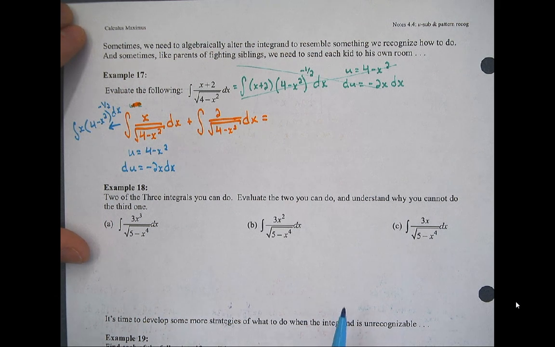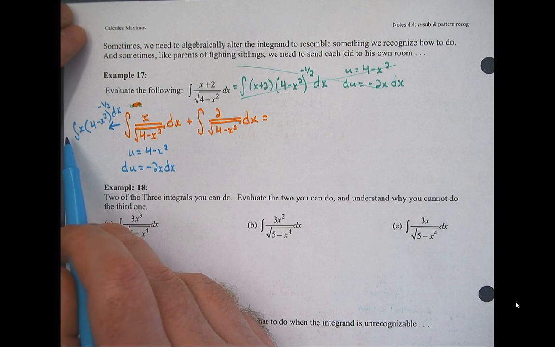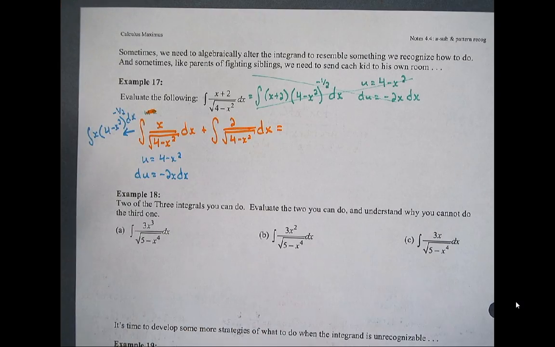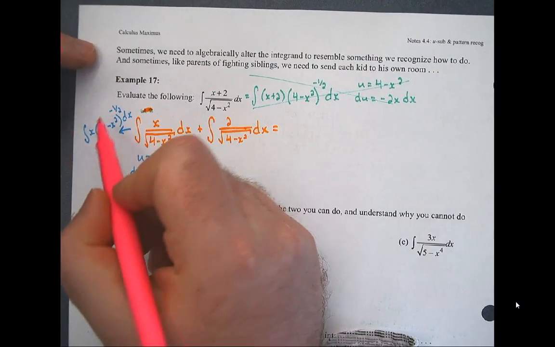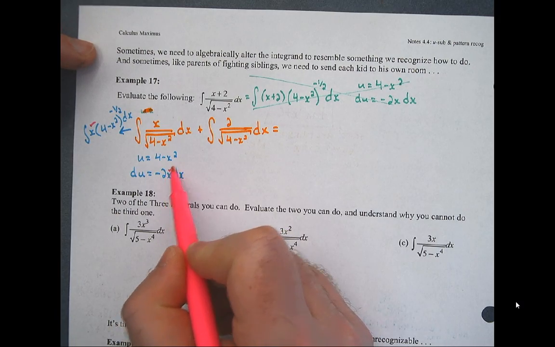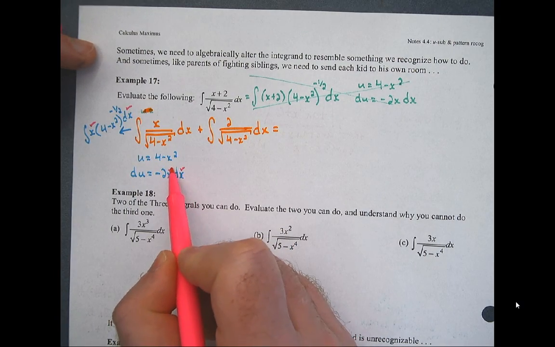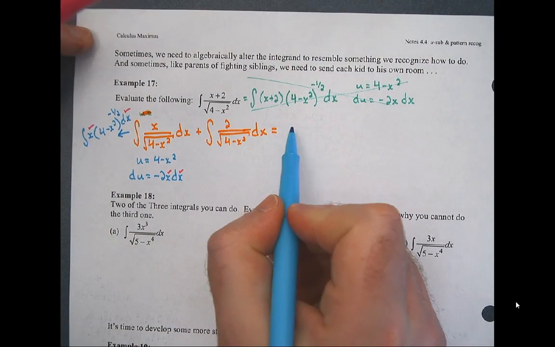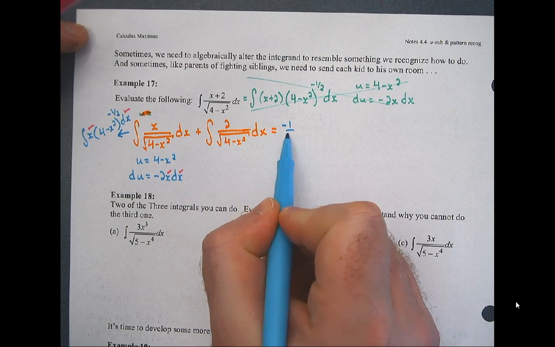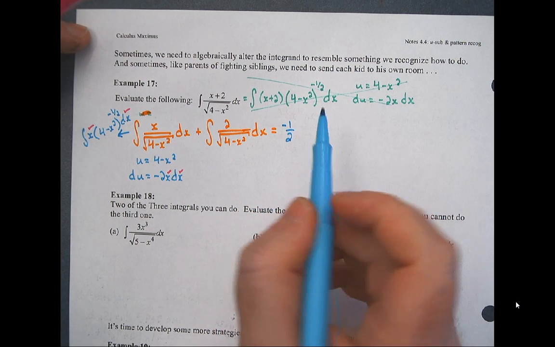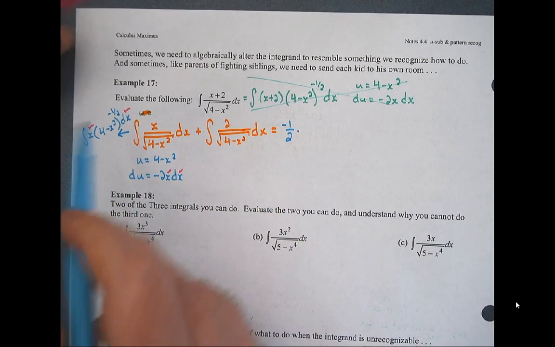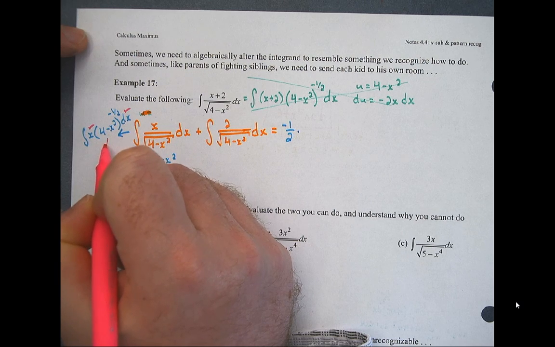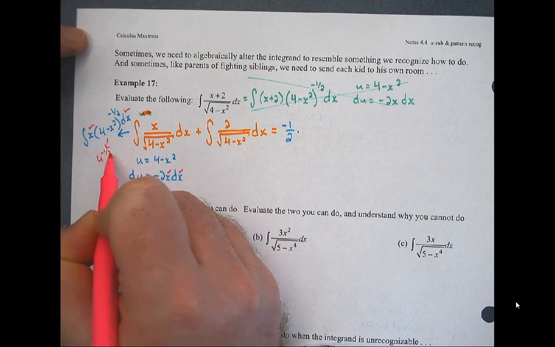Now when I integrate this, what do I need? Do I have any constants? No. Do I have any corrections? Yes. I've got the x, check. I've got the dx, check. I need a negative 2, so I'm going to magically put a negative 2 here, but all I need to do is correct it with a negative 1/2 times, now my u is 4 minus x squared, so this is going to become u to the negative 1/2.